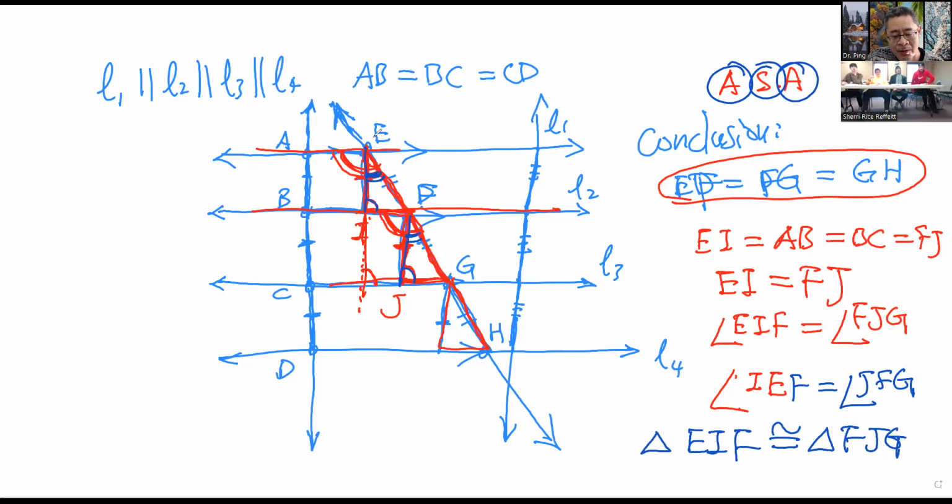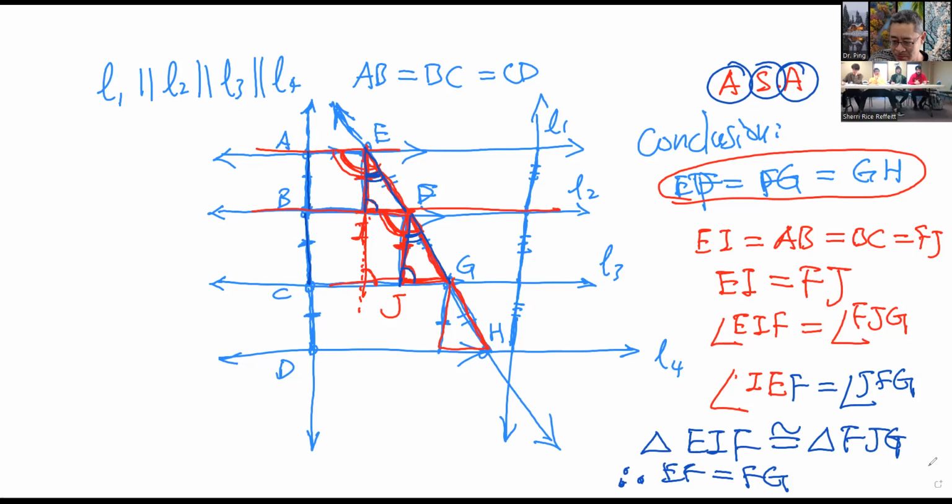And because those triangles are congruent, the property of the congruency of two triangles is that all sides are congruent. So therefore EF is congruent to FG. So basically that's how we prove it. If this and that are congruent, now the logical conclusion is that this and that have to be congruent. So that's how we can prove this theorem.